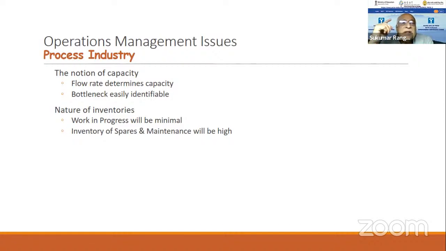But the inventory of spares and maintenance will be very high, because, as we said, we cannot stop any process because of malfunctioning of machines. When you stop that process, the entire process going forward and sometimes even backward, everything stops.